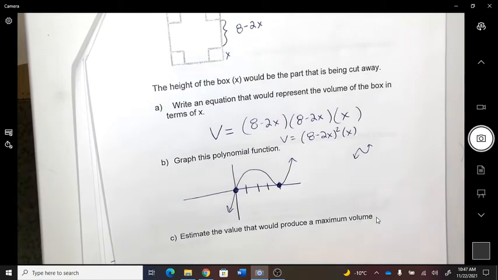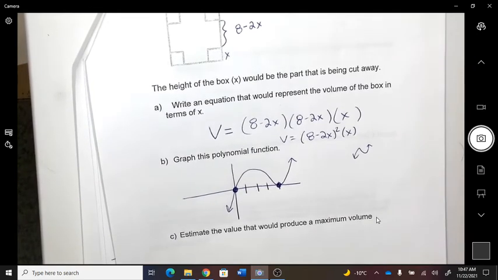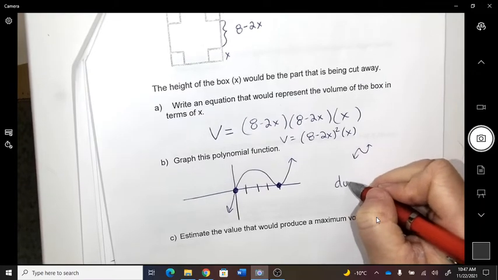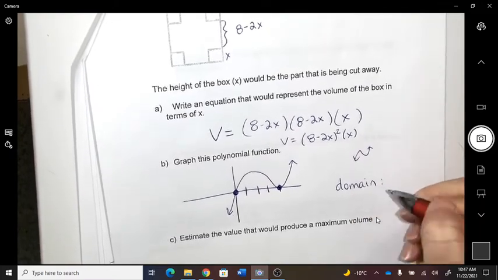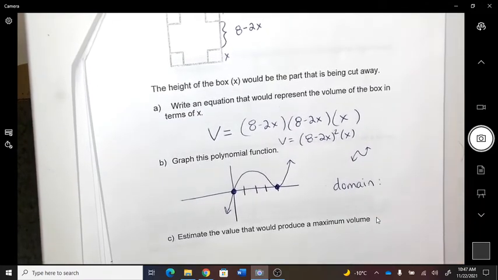Okay. If I was to ask you about the domain of this situation, domain is talking about the amount of x, which is the part that you cut off. What's the lowest I can go?